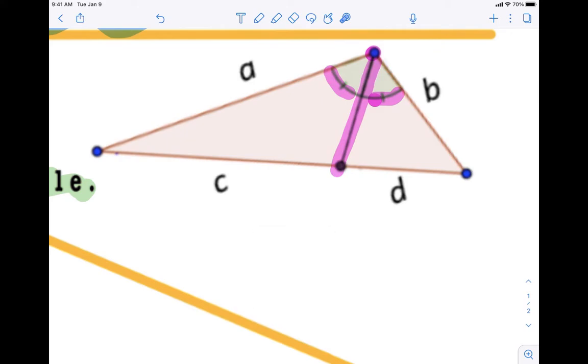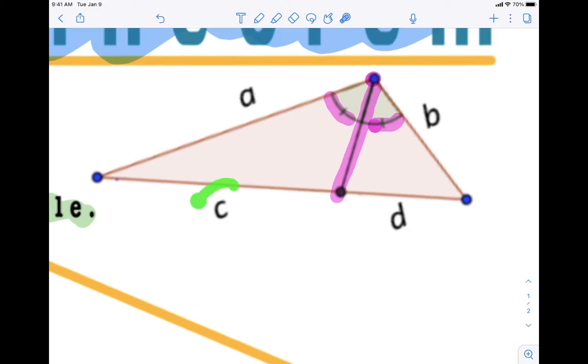So there's a relationship between these 2 segments that were created, C and D, with the other 2 sides of the triangle, A and B. So pretty much the way it works is when this segment bisects the angle, it creates a special relationship between A and C, and it creates that is equal, proportional means equal, right, to the relationship between B and D, right?